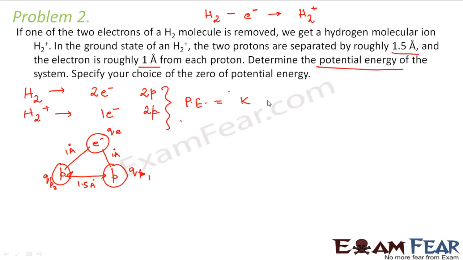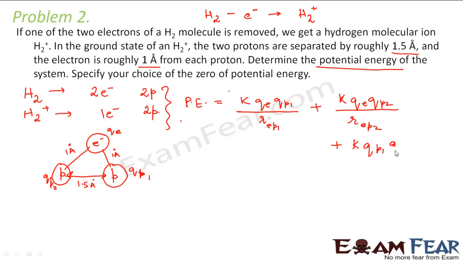So the potential energy will be equal to K into QE into QP1 divided by REP1 plus K into QE into QP2 divided by REP2 plus K into QP1 into QP2 divided by RP1P2, right?